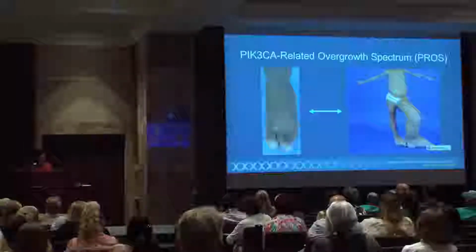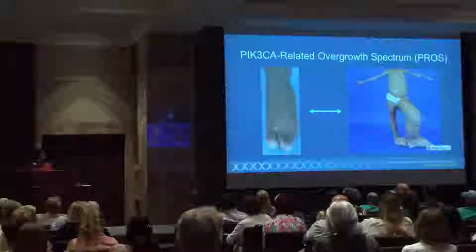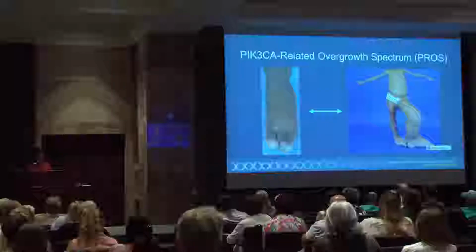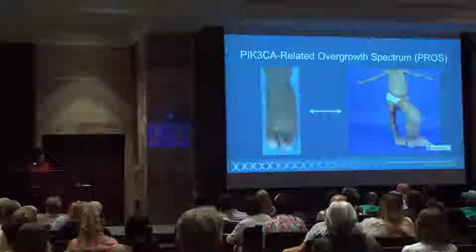These two individuals have the same gene variant, and one of the most common variants in this gene is called H1047R. In the figure on the left, we see an infant who has primarily enlargement of a single digit, what we call macrodactyly, and the rest of this person's body is unaffected.